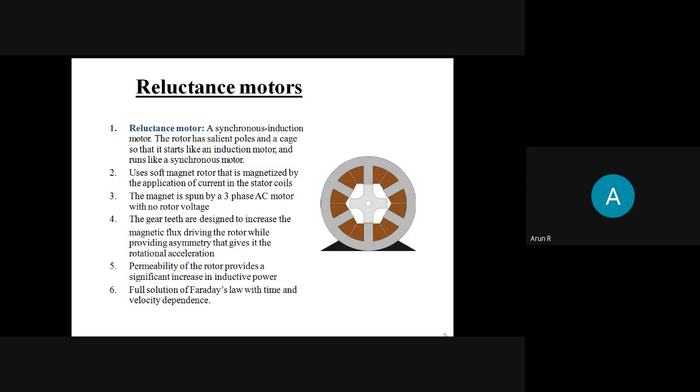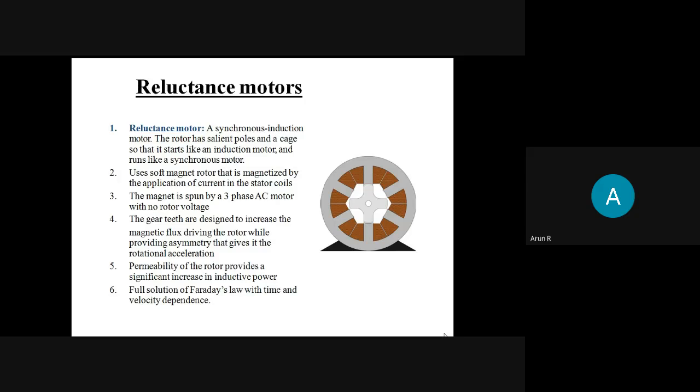Another form of AC motor is the reluctance motor, a synchronous induction motor as it is called. The rotor has salient poles and a cage so that it starts like an induction motor and runs like a synchronous motor. It uses a soft magnet rotor that is magnetized by the application of current in the stator coil. The magnet is spun by the three-phase AC supply with no rotor voltage.